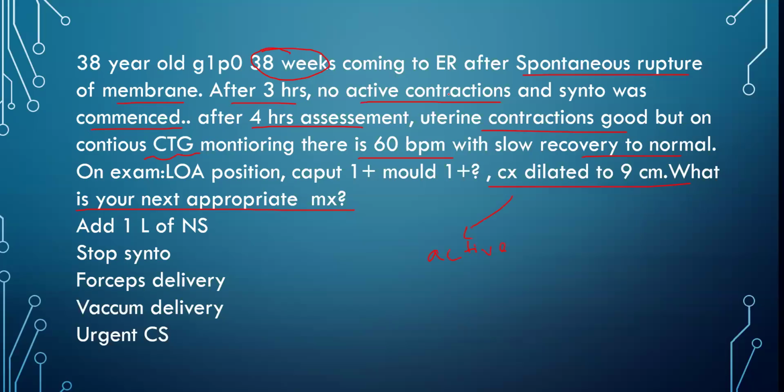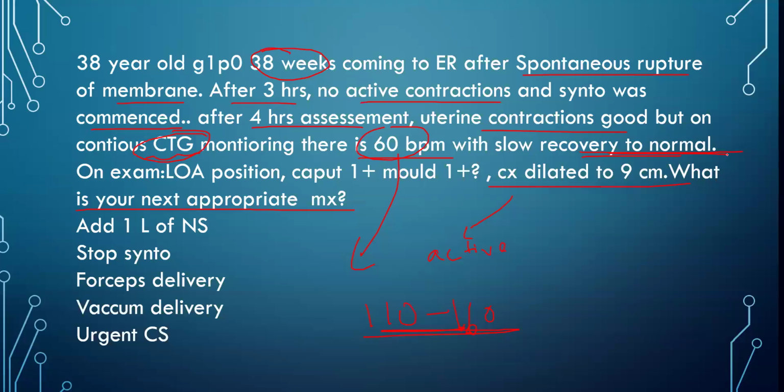We say that after 3 hours, no contraction, then you started the patient on syntocinon. And then after 4 hours, contraction has got better. But when you did the CTG monitoring, the fetal heart rate is going too low, fetal bradycardia. Normal fetal heart rate is ideally between 110 to 160. So it is bradycardia, right? And also, it's coming back to normal. So that means it's not a persistent bradycardia.